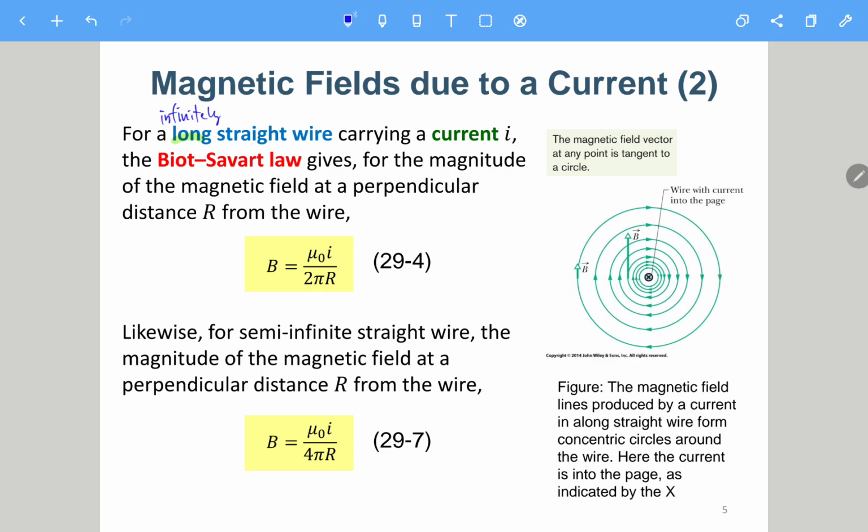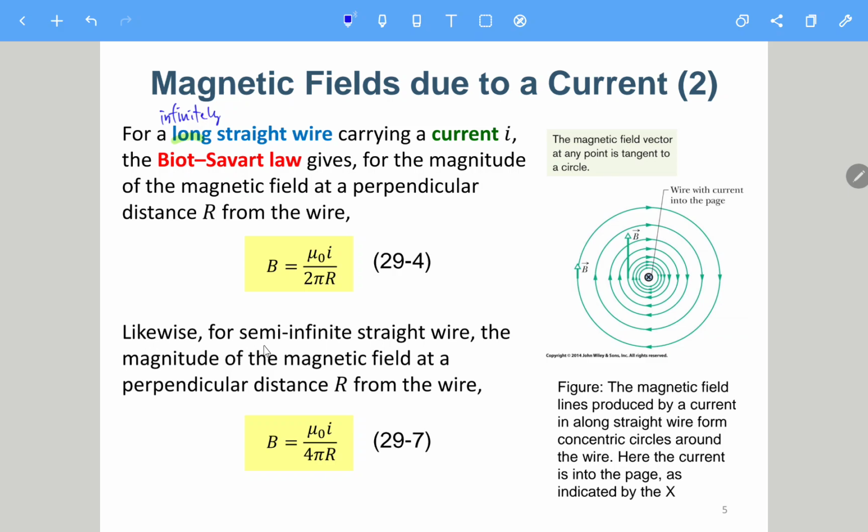A long straight wire, 直的, carrying a current I. The Biot-Savart law gives the magnitude of the magnetic field at perpendicular distance out from the wire to be this. We can derive this using the Biot-Savart law on the next page.